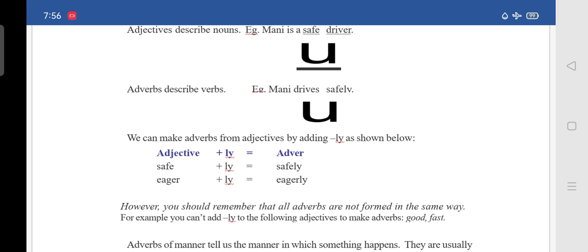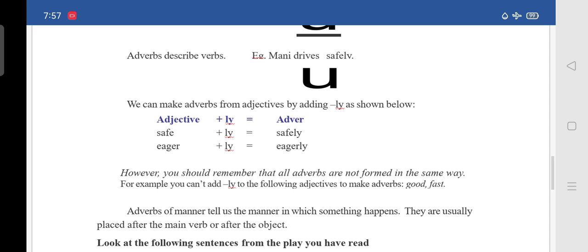So safe plus ly is safely. Eager plus ly is eagerly. However, you should remember that all adverbs are not formed in the same way. For example, you can't add ly to the following adjectives to make adverbs: good, fast.